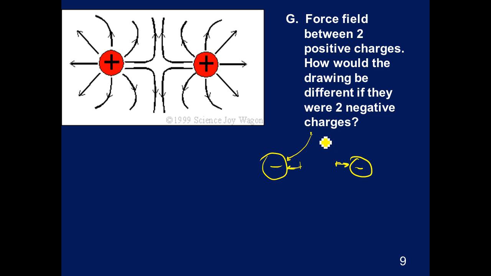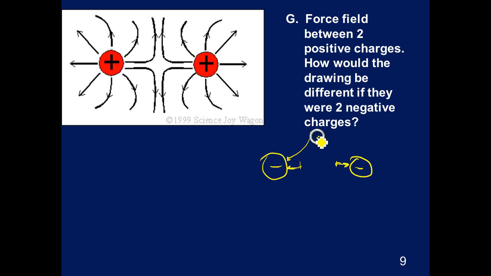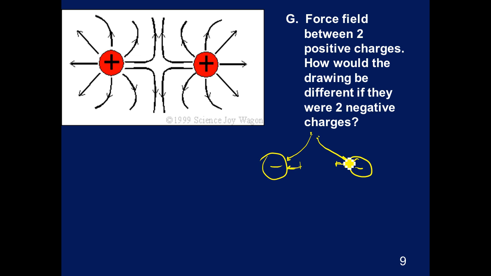So it kind of curves. And if I did this over and over, I would get a similar pattern as I had up here, except all the arrows would point inward.